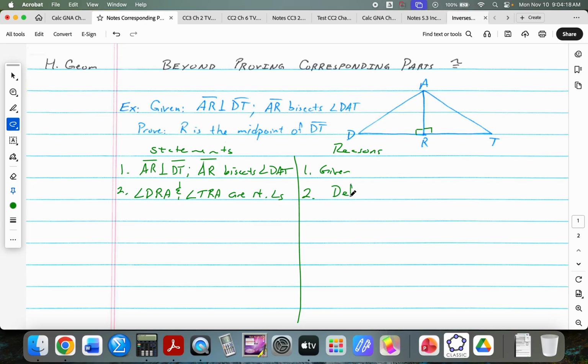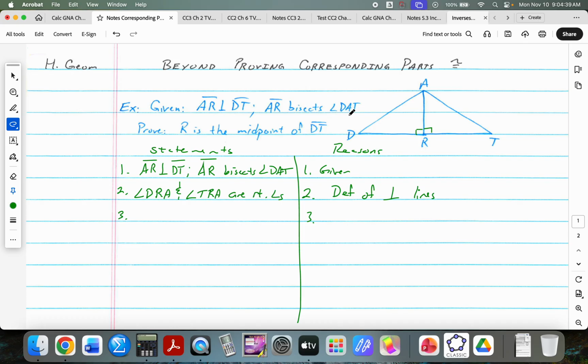And that's the definition of perpendicular lines. Since I don't know for certain whether I'm going to use hypotenuse leg or not, I won't say anything else about the right angles at this point.